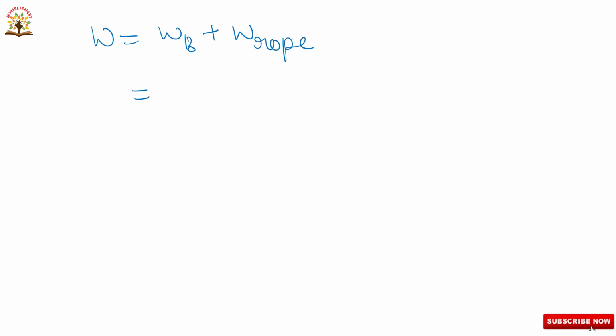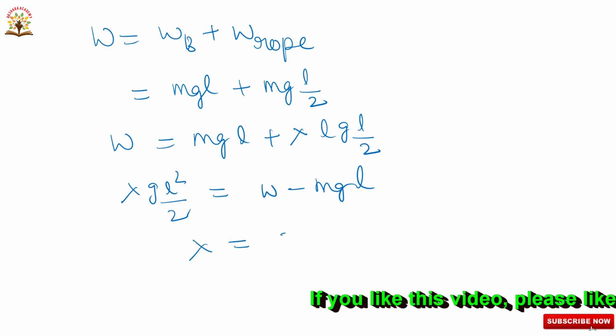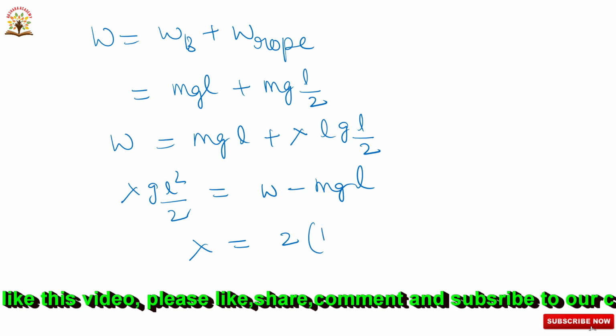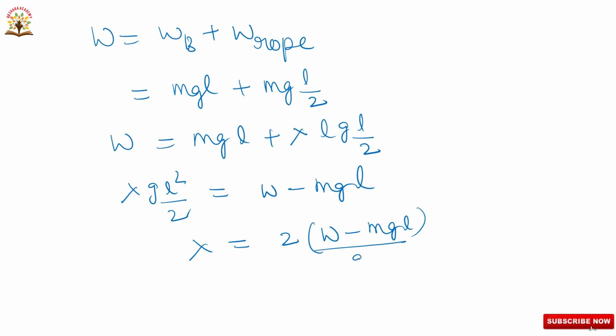Now that is equal to mgL plus mgL by 2. So the work done W is equal to mgL plus, this can be written as, lambda L g L by 2. So here lambda g L square by 2 is equal to W minus mgL. So lambda is equal to, taking cross multiplication, 2 of W minus mgL by g L square.